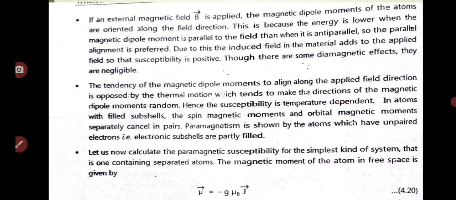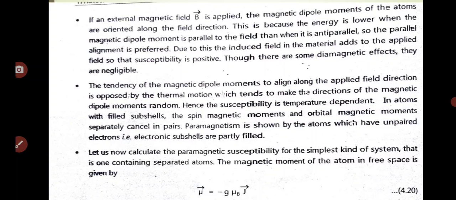As compared to diamagnetism, there the magnetic susceptibility is negative and the magnetization vector and magnetic field direction are oriented opposite to each other.